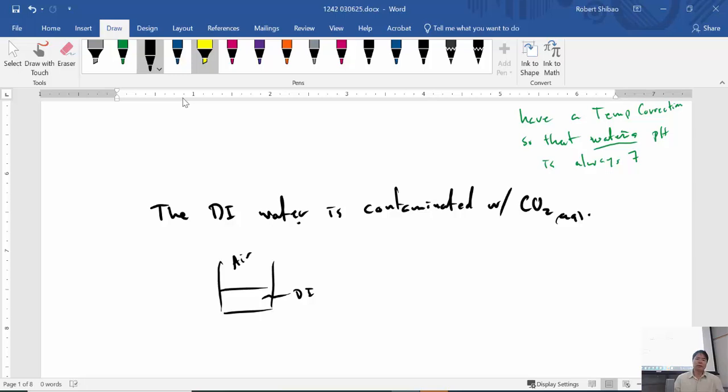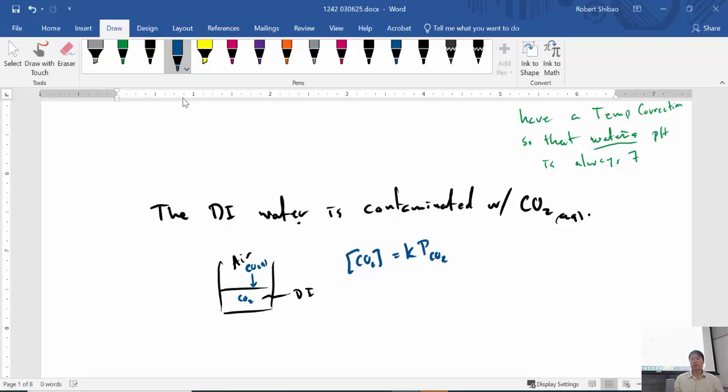Air contains CO2 gas, and it depends on the partial pressure. Henry's law just says that the concentration of the CO2 in water is equal to the Henry's law constant, K, times the partial pressure of CO2. And so the more CO2 we have in air, the more CO2 will dissolve in here.